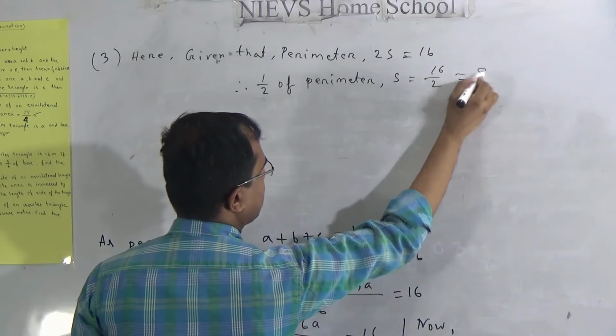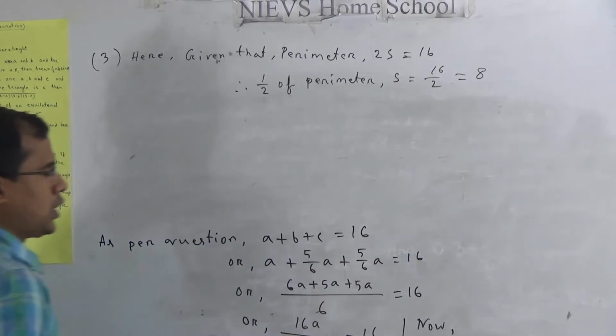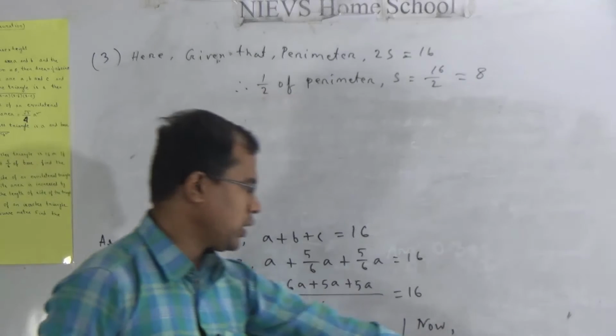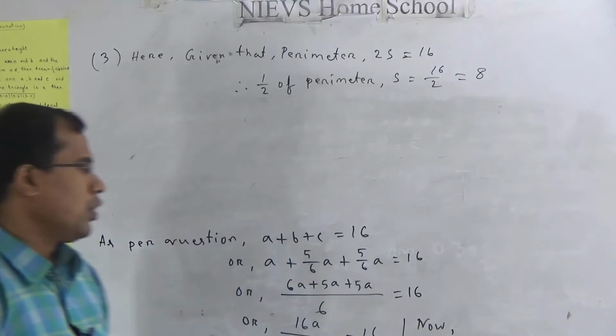This is equal to 8. That means value of S equal to 8. Now value of S equal to 8, value of A equal to 6, value of B equal to 5, and value of C equal to 5 also.